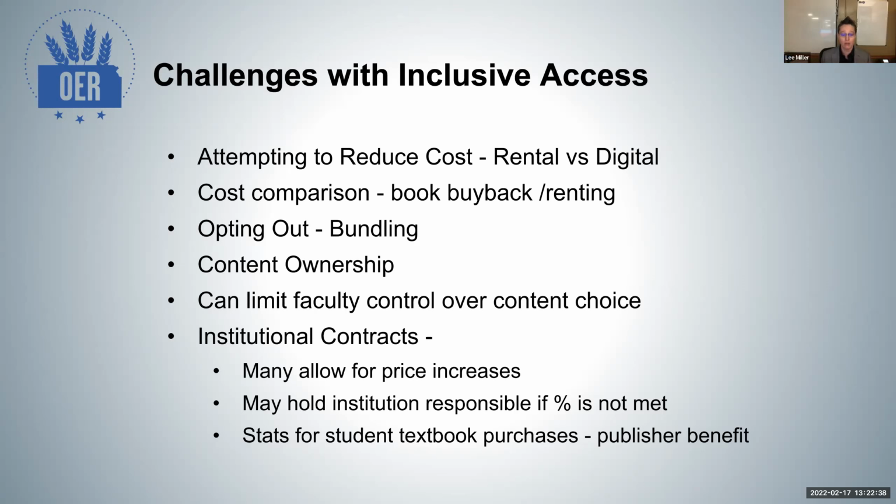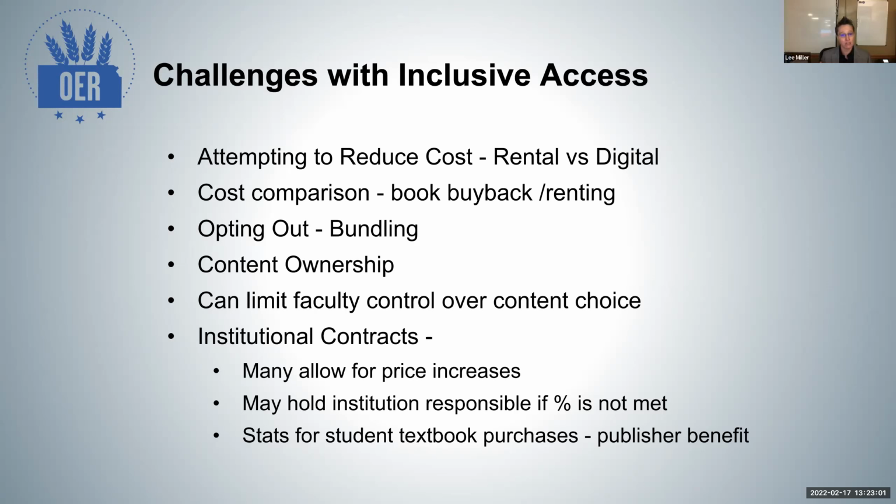It can also limit faculty control over content, depending on the agreements or the contracts agreed upon in the institution. Again, this is where talking with all stakeholders is really, really valuable, so you can find out what those choices are and make sure that it's going to be good for everybody involved. And that leads us to a conversation around institutional contracts or agreements.